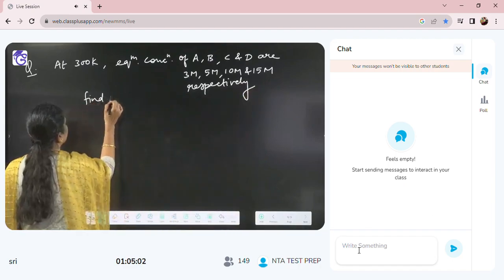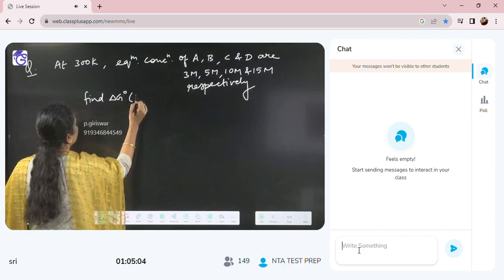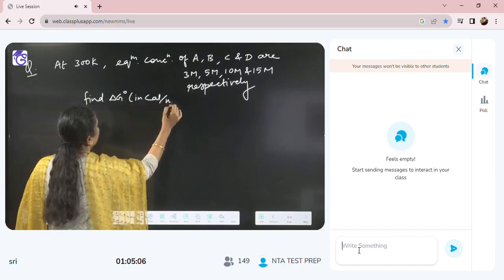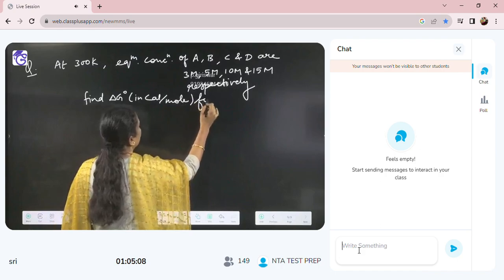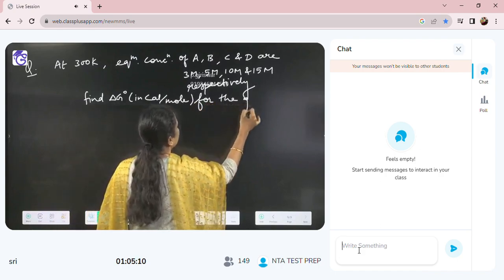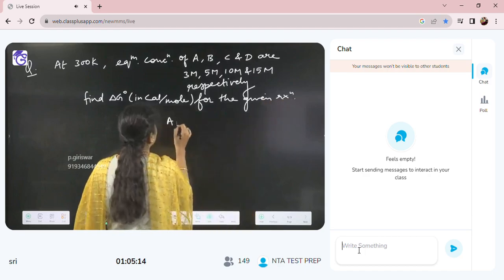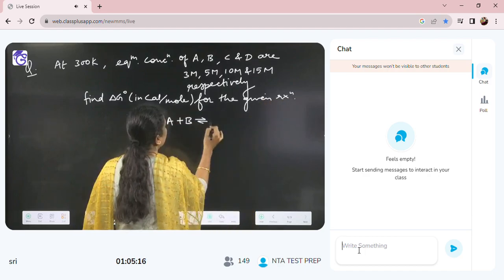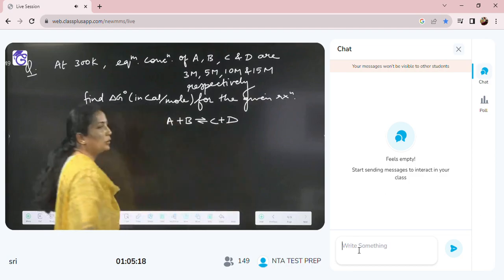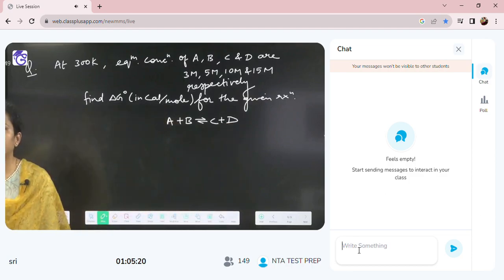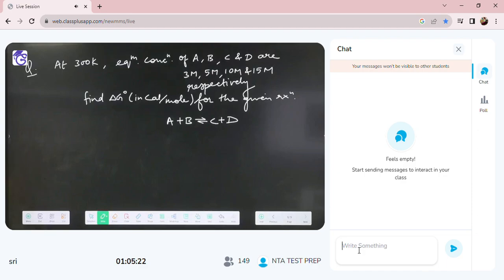Find delta G naught in calorie per mole for the given reaction. So I'm writing down the equation: A plus B gives you C plus D. And you can very well take your 2.303 as 2.3 for solving. Please calculate it and let me know the value.